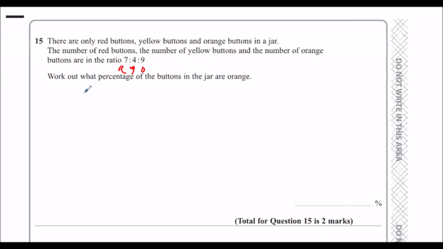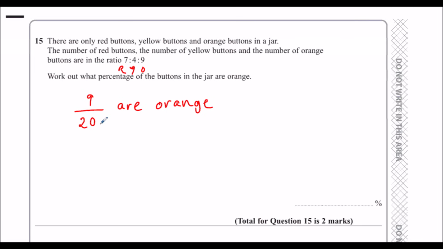So work out the percentage that are orange. So there's 9 orange out of how many in total? So 7 plus 4 plus 9 is 20. So 9 out of 20 are orange. And we need to change this into a percentage. And percentage means out of 100.